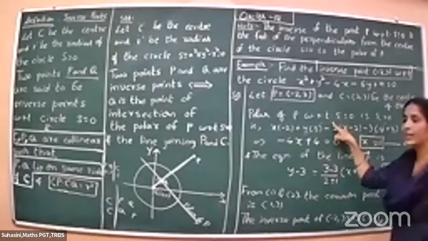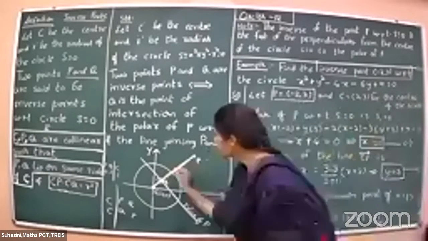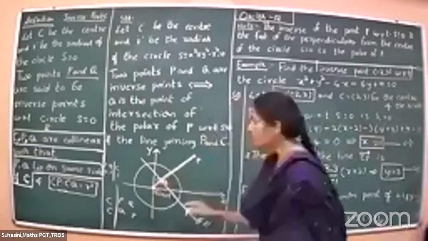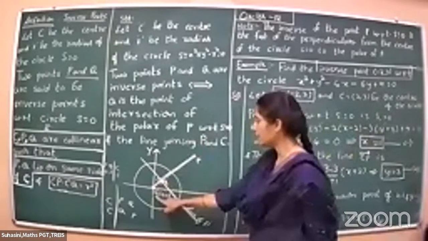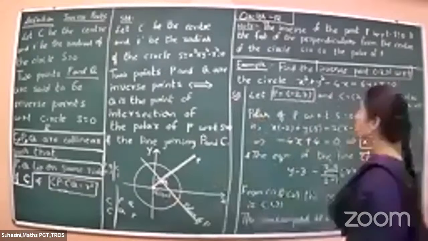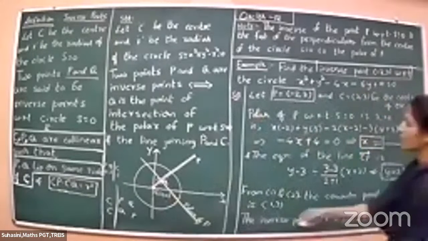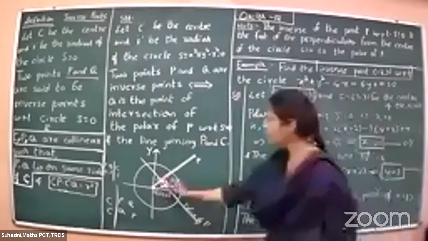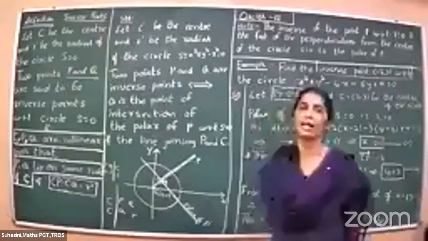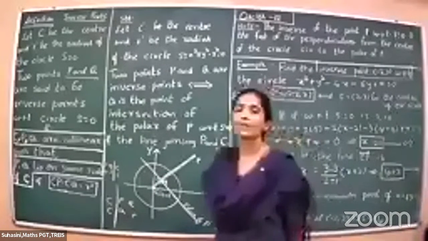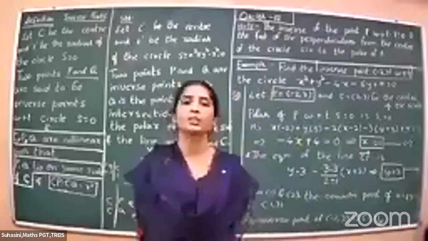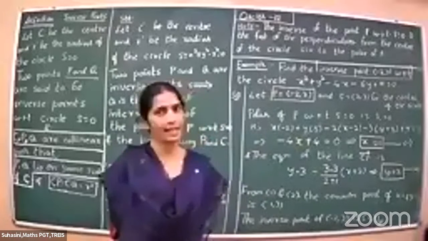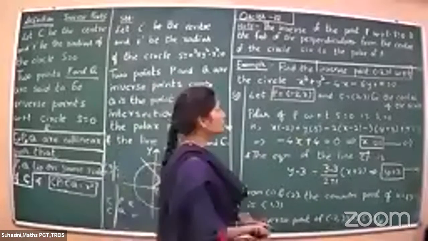And what more we need is the line CP. You know what C is here and you know what P is here. So can we find the equation of CP? Yes, we can, using the two-point form of a straight line: y − y1 = (y2 − y1)/(x2 − x1) × (x − x1).